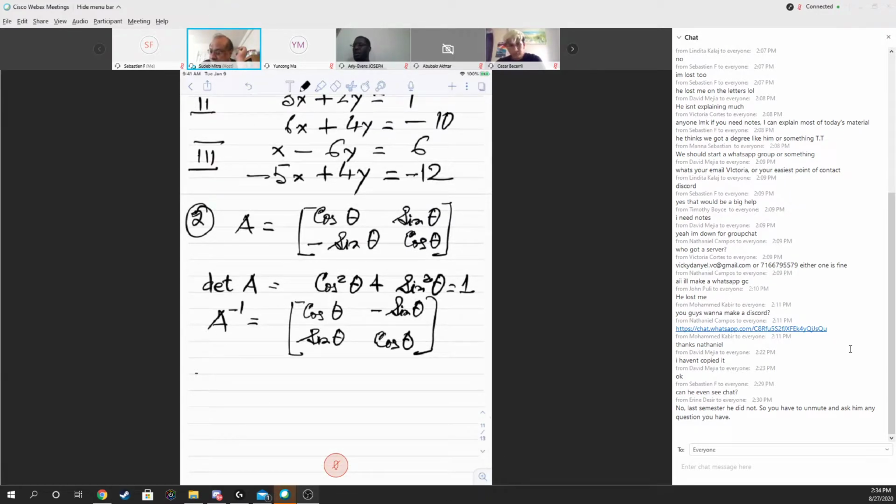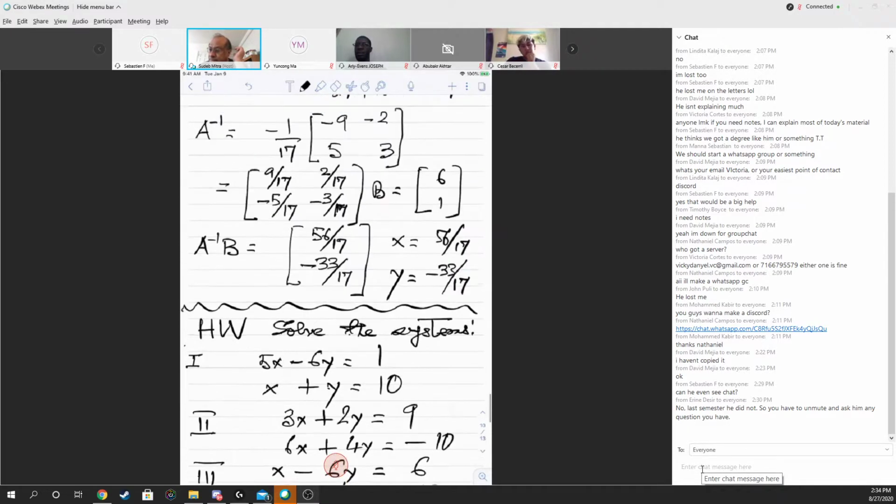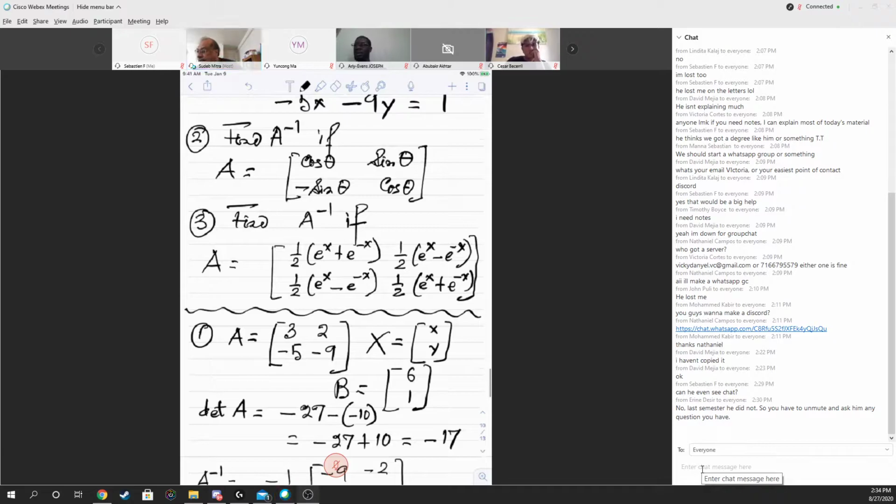Number 3, e to the x plus e to the minus x.